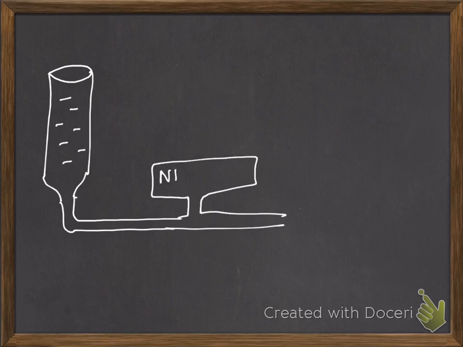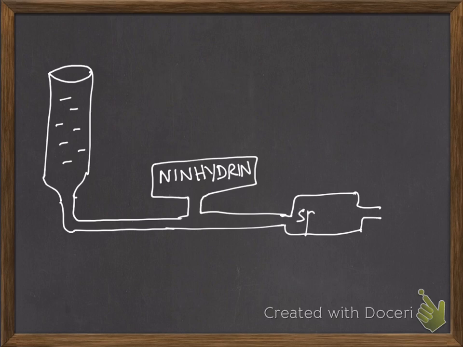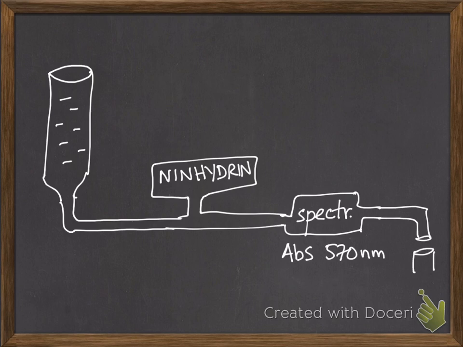So this is going to be a reservoir of this dye called ninhydrin, which dyes every amino acid that passes by purple, and then whatever passes by will be measured by a spectrophotometer, and the absorbance will be measured at 570 nanometers. And then if you wanted, you could collect your fractions at the end.